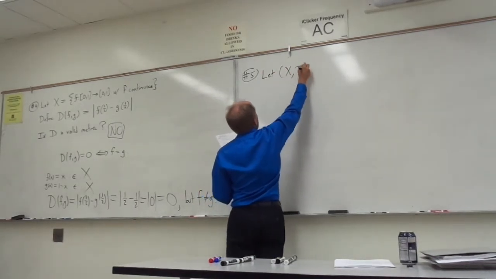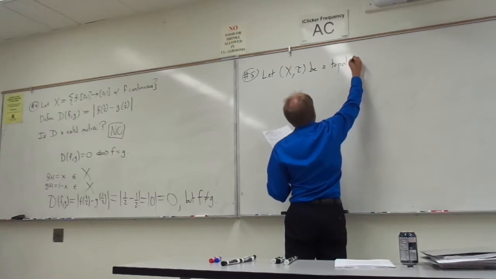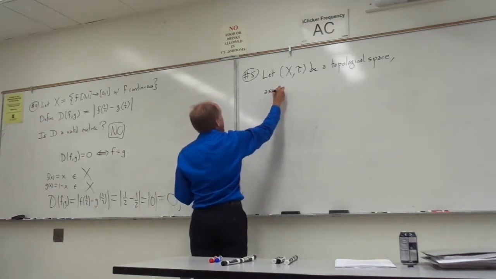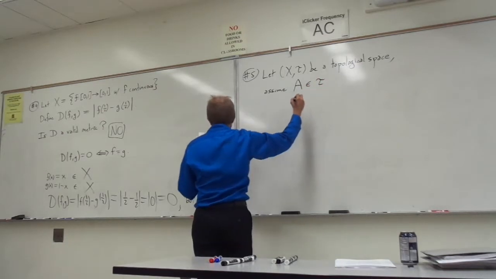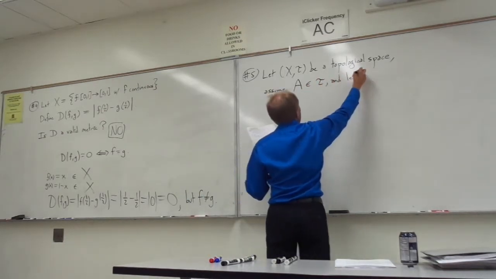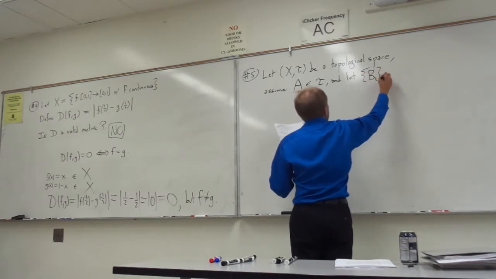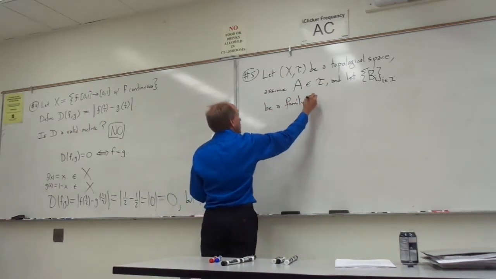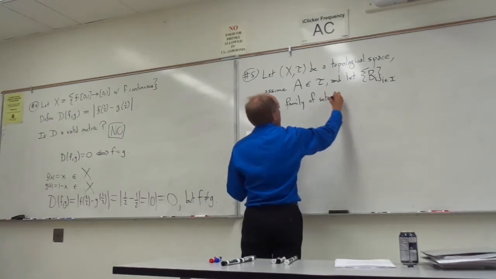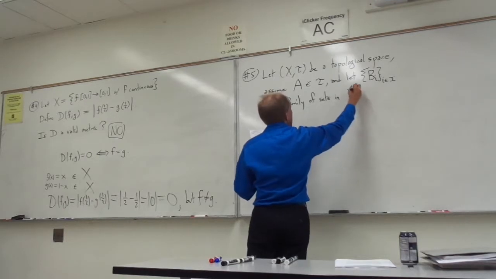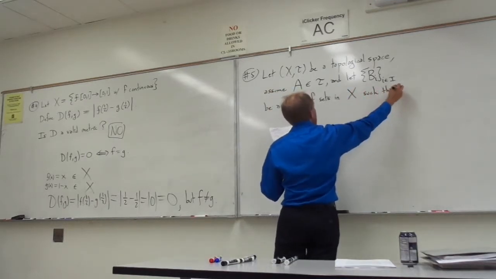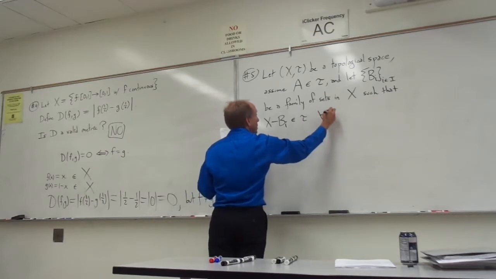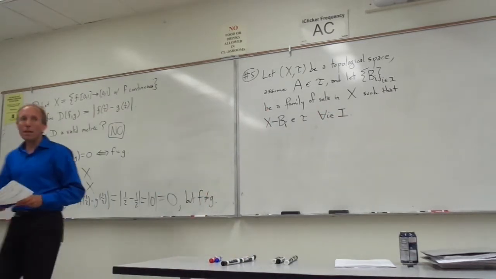Let (X, tau) be a topological space. Assume capital A is an element of tau, and let the set of B sub i's, such that i is in capital I, be a family of sets in capital X, such that X minus B sub i is in tau for all i in capital I. So this takes a little bit of writing.